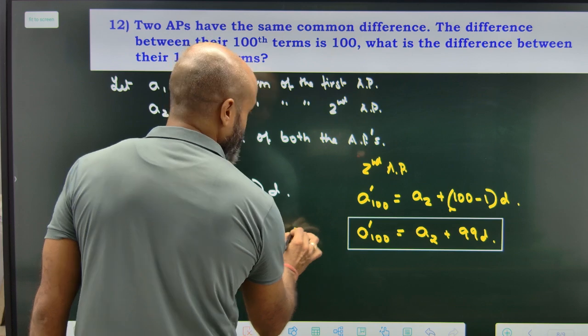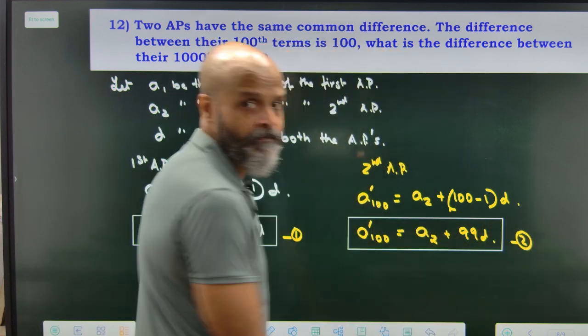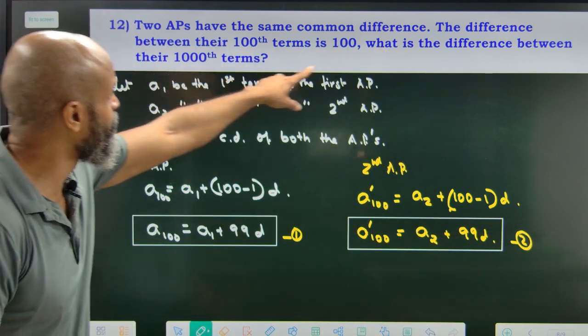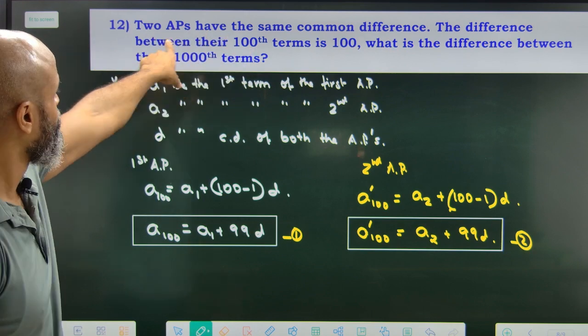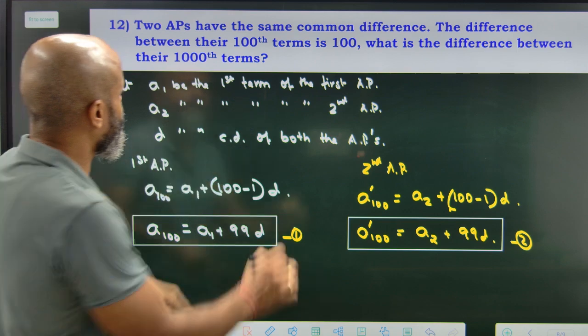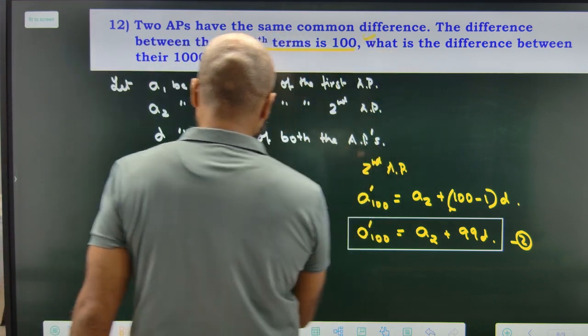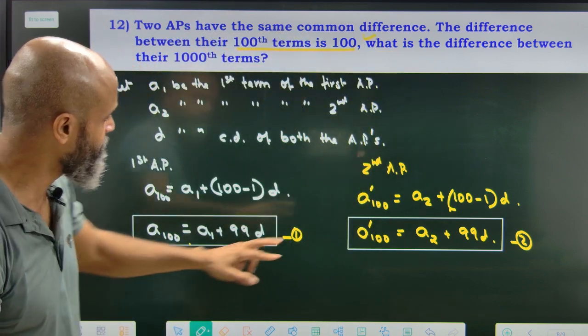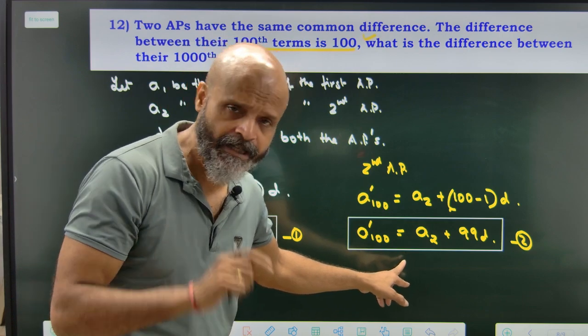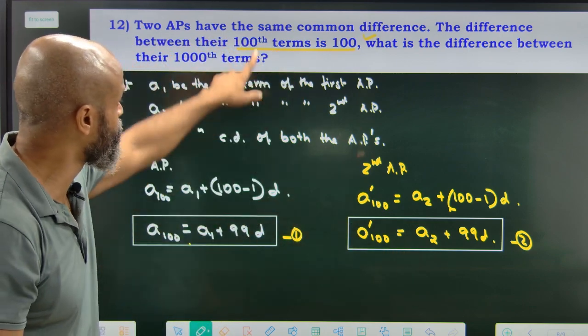So here the difference between the two terms is given. The two APs have the same common difference, and the difference between their 100th terms is 100. So this is the 100th term of the first AP, this is the 100th term of the second AP. The difference between these two is 100.